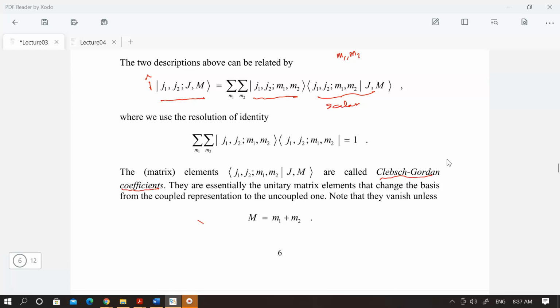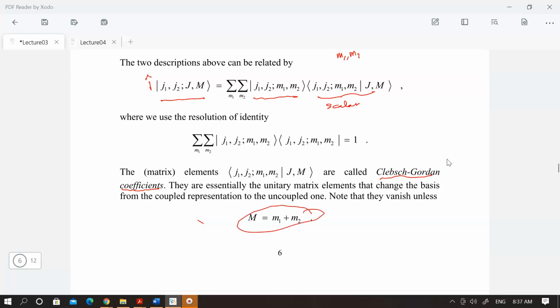So they are really matrix elements of a unitary matrix, going from the coupled representation to the uncoupled one. There are some properties one can impose onto these Clebsch-Gordan coefficients. One of the properties, of course, is this one.